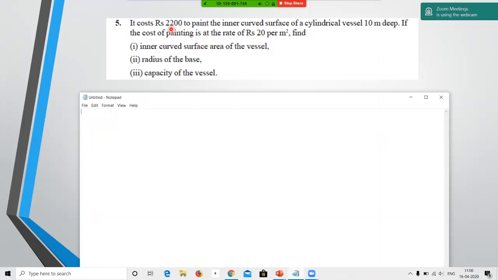It costs rupees 2200 to paint the inner curved surface of a cylindrical vessel 10 meters deep. If the cost of painting is at the rate of rupees 20 per meter square, find the inner curved surface area of the vessel.